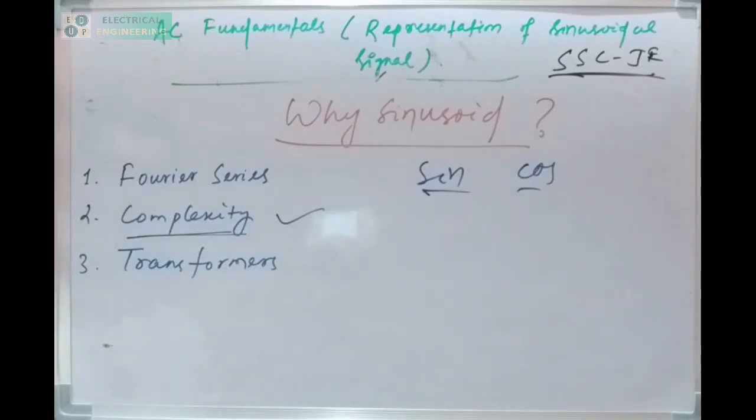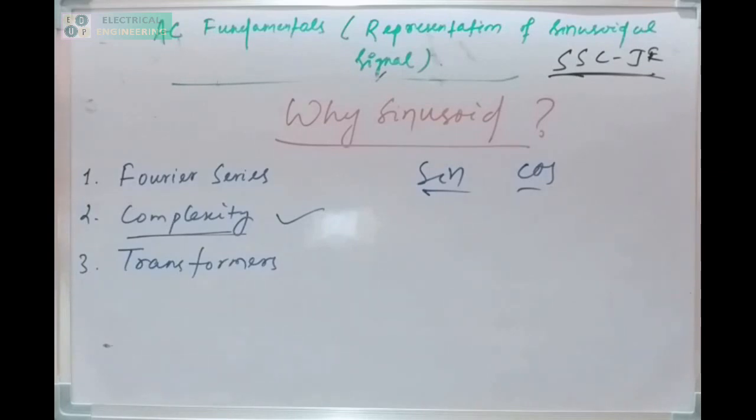Okay. And the third point is transformers. In the case of transformers, the output voltage is the derivative of magnetic flux, right? So it is a time derivative of the input voltage. And what is most important is we want the same input and output voltage signal at both sides of the transformer.